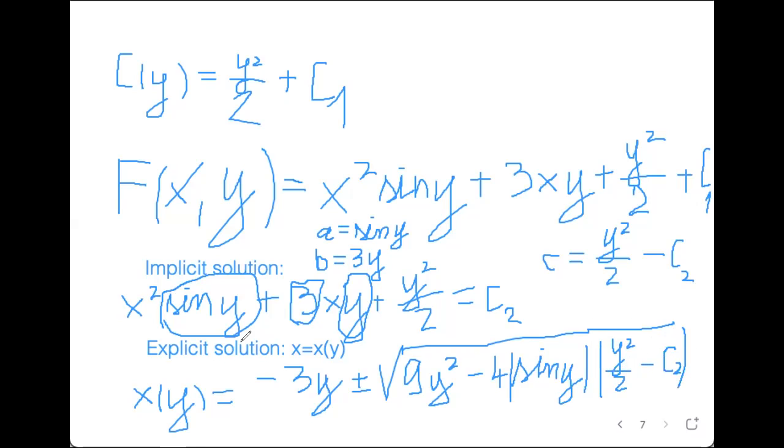And it's everything divided by 2a, 2 sine y.